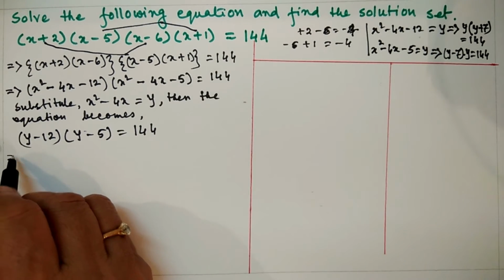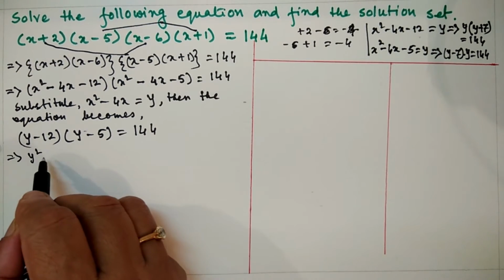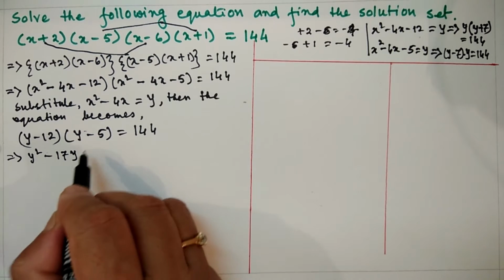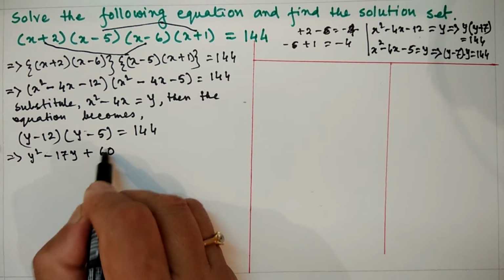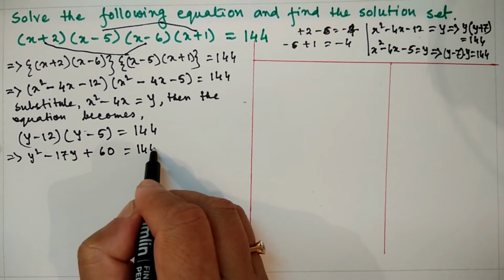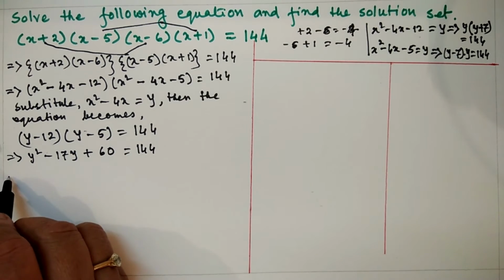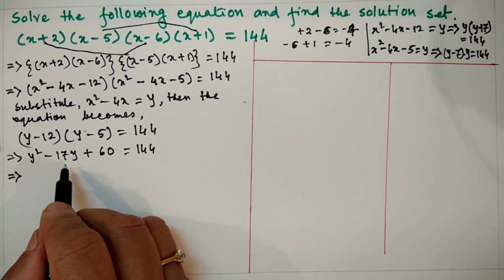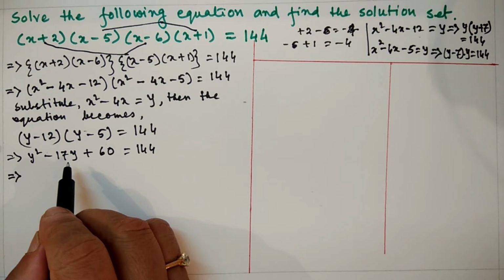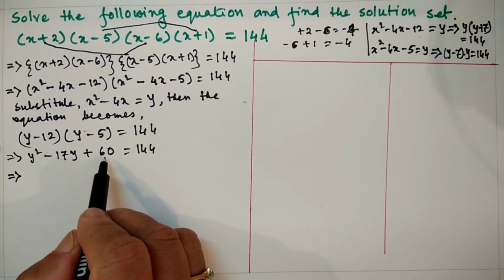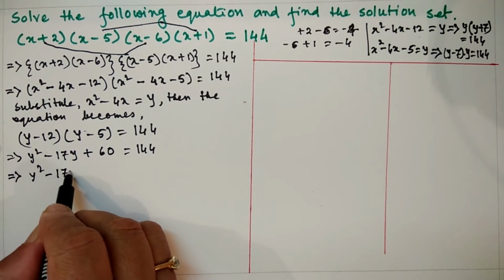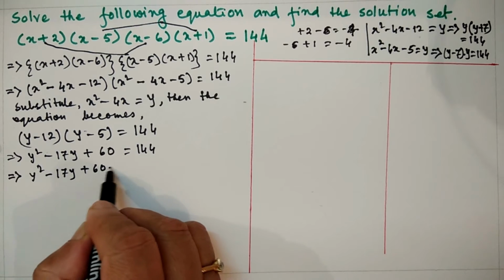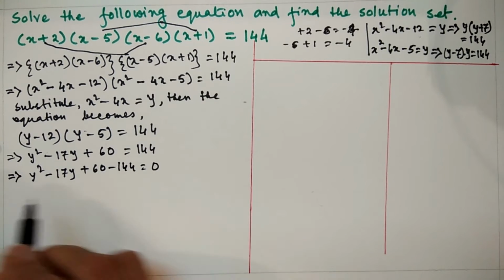So this implies y square minus 17y plus 60 is equal to 144. Factorization method: we have to split the middle term with the help of the factors of a and c. So first 144 will go to this side, y square minus 17y plus 60 minus 144 is equal to 0.